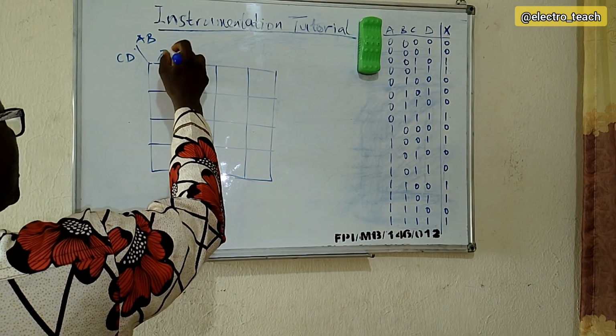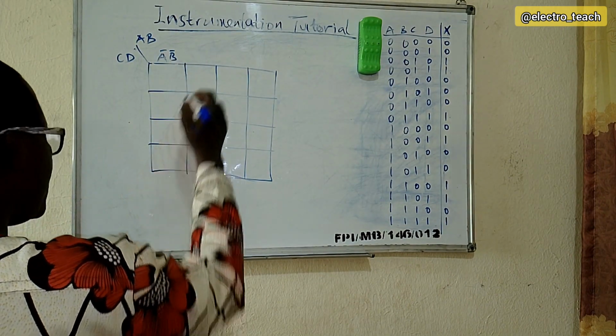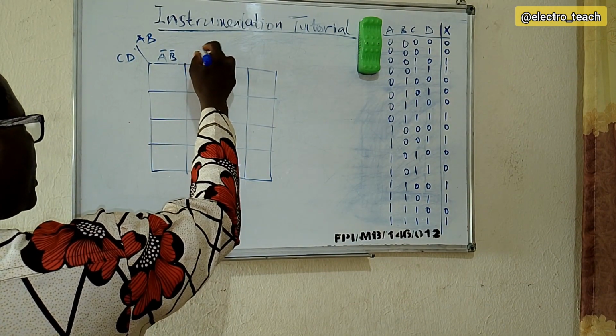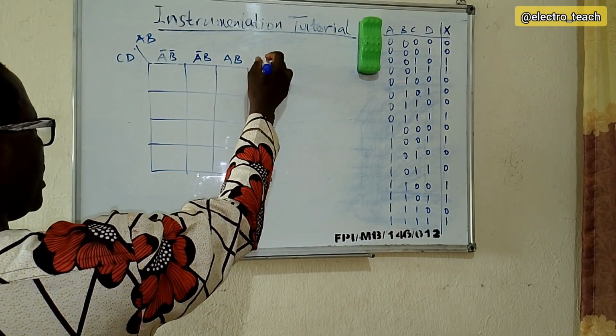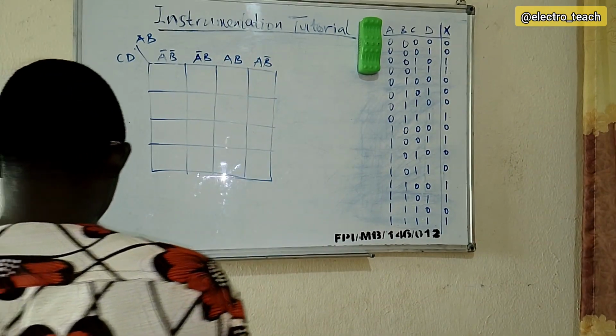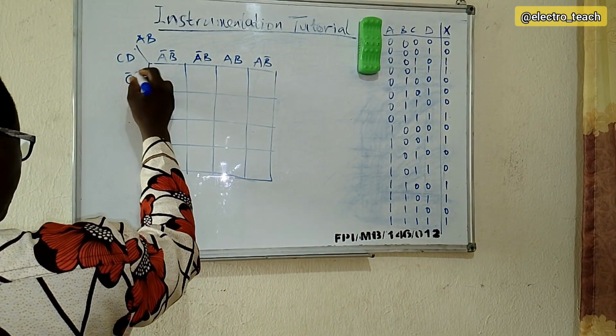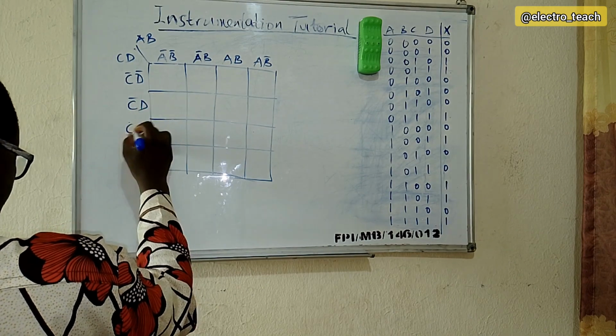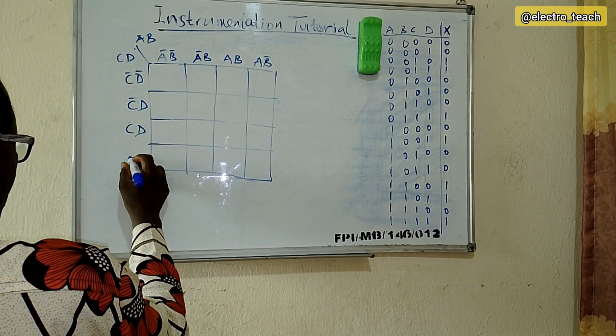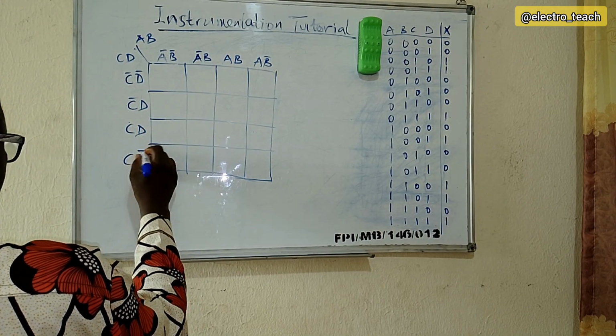A bar B bar, A bar B, A B, A B bar. Then also here we have C bar D bar, C bar D, C D, then C D bar.